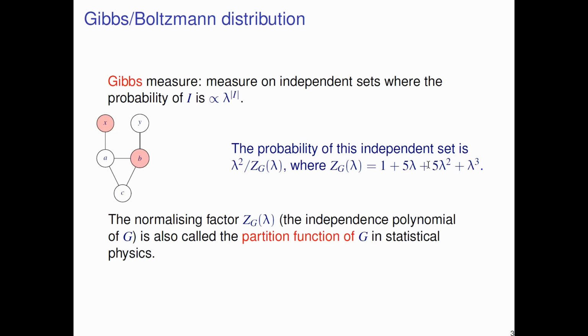So its probability is lambda squared divided by the partition function. We saw yesterday why the partition function was called Z, because it's a German word that starts with Z. But anyway, the partition function is just the normalizing factor in this Gibbs distribution. So we want to sample from this distribution.